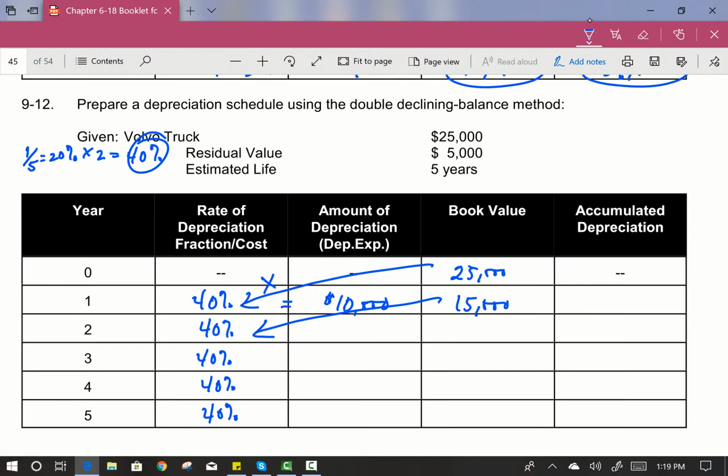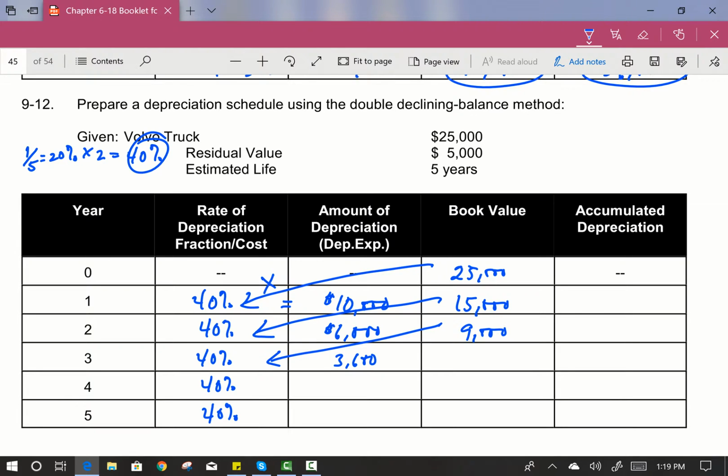That's going to give you $6,000 for the depreciation expense for year 2. So now to get my book value, I'm going to subtract 6,000 from 15,000 to give me 9,000. Then I'm going to take 9,000 times 40%, 0.4, to give me 3,600.